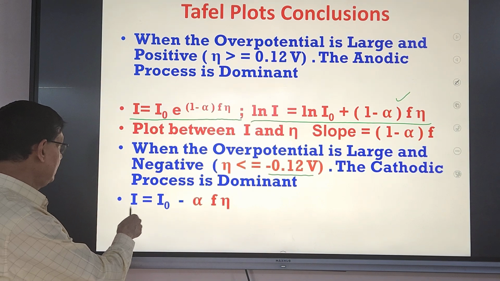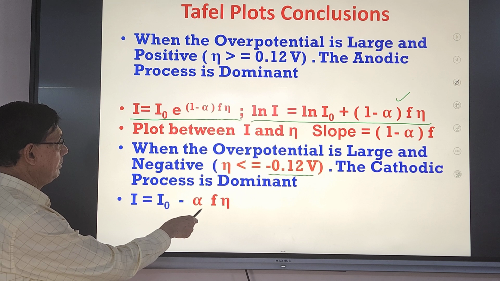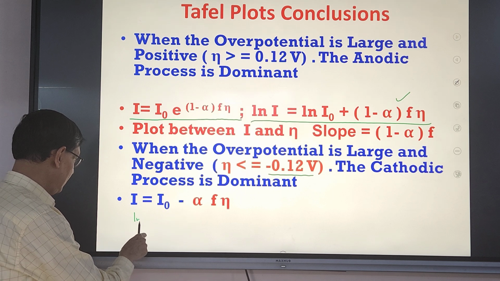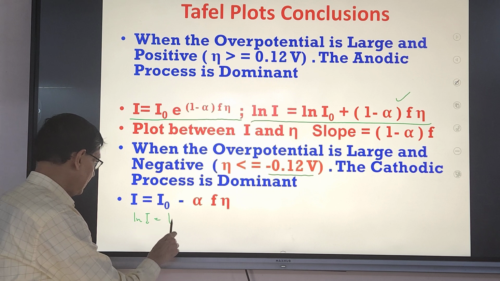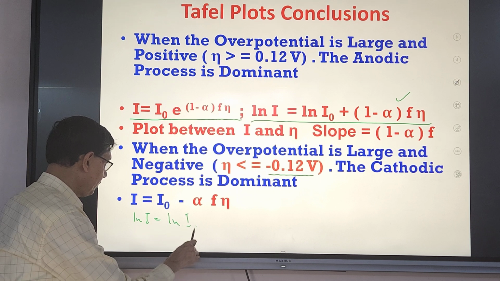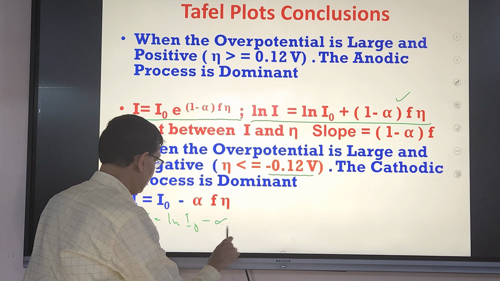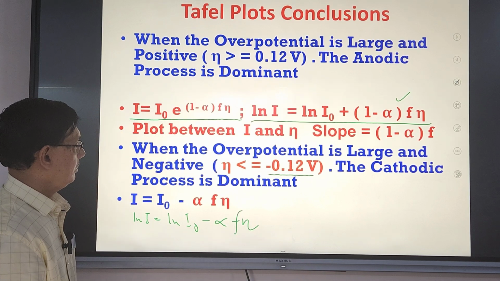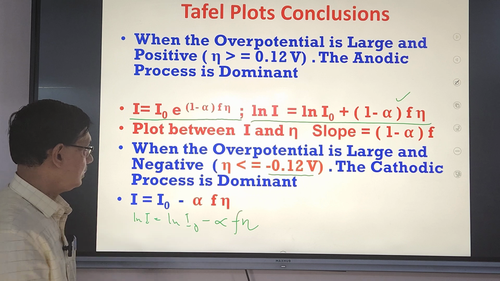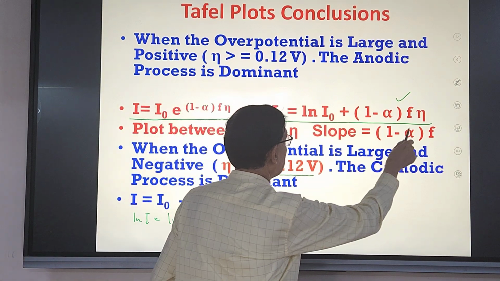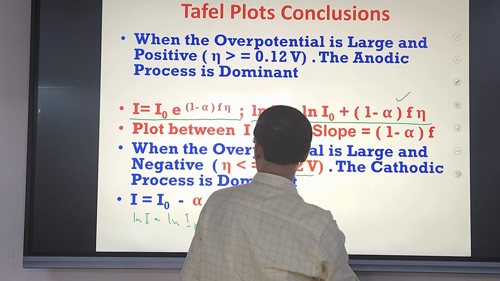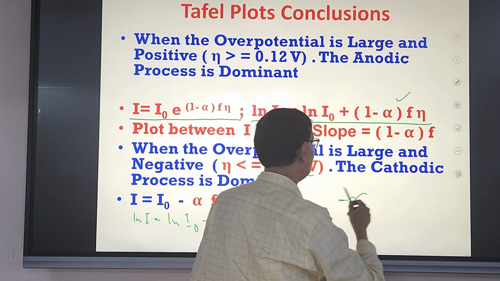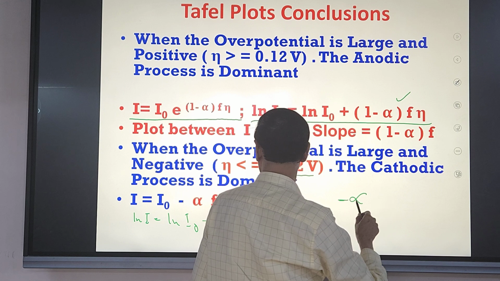So I is equal to I0 exponential, so I can take the natural log of I, natural log of I0 minus alpha F eta. So if we plot a graph between this, the slope will be like this, and in this case the slope will be minus alpha F. I will show you some plot also.